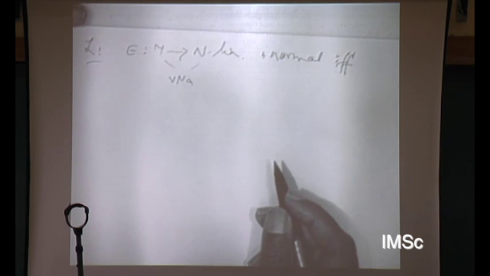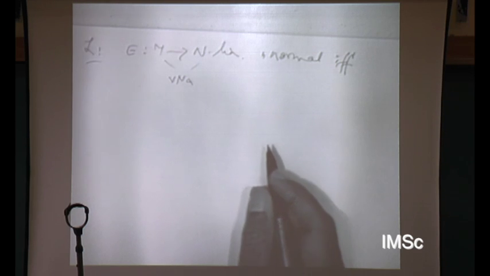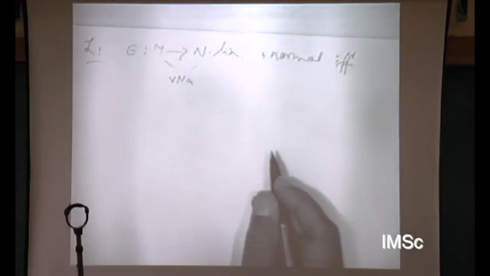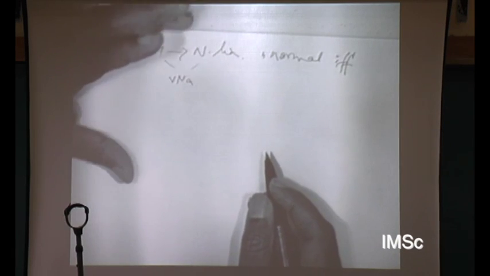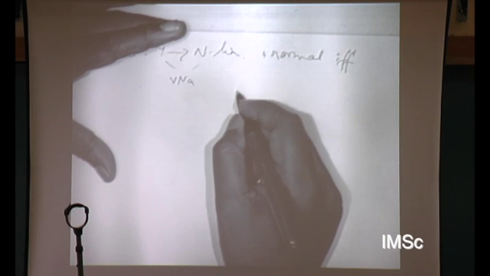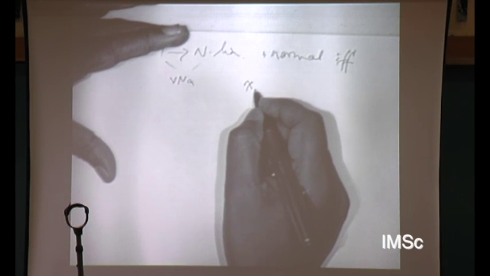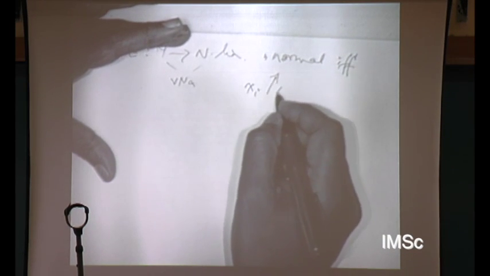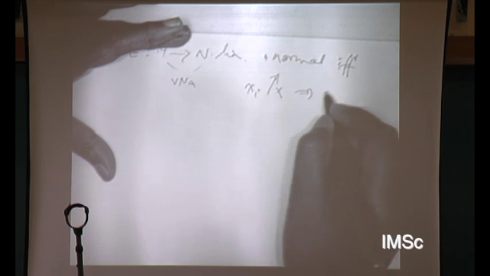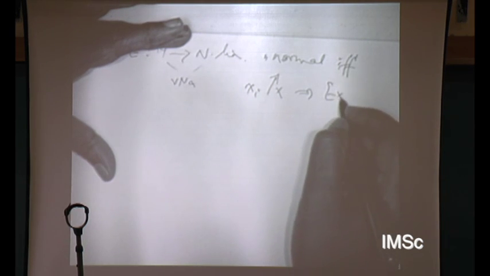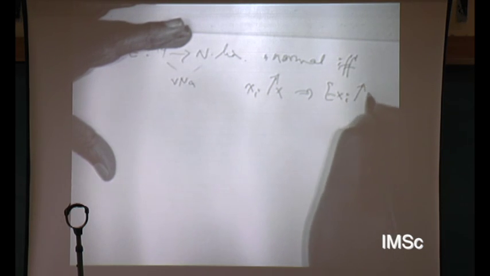For functionals I said it must respect monotone convergence: if x_i increases to x, then E x_i increases to E x.